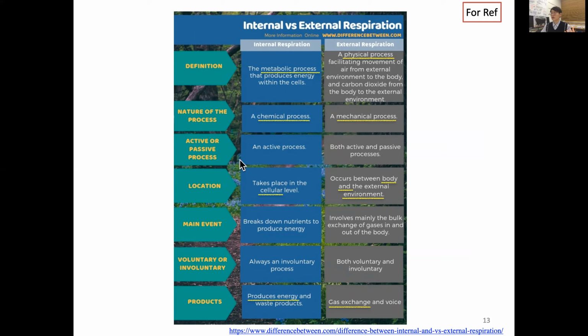Internal respiration happens at the cell level, in the cell, while external respiration happens between the body and the environment, that is, in the lungs. As a product, internal respiration produces energy and waste product, while external respiration involves gas exchange.